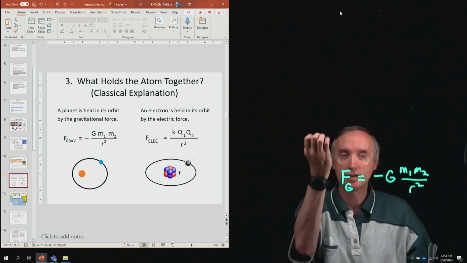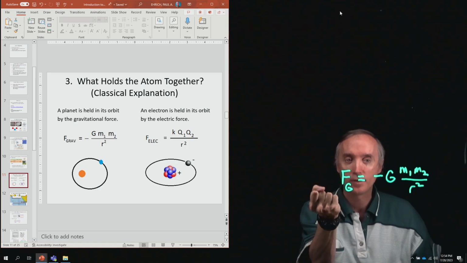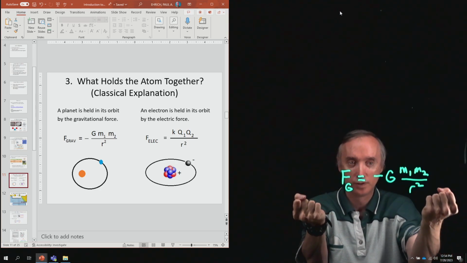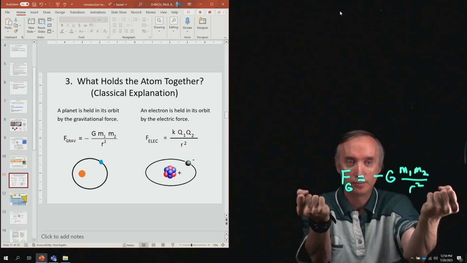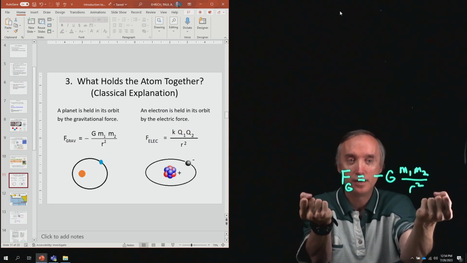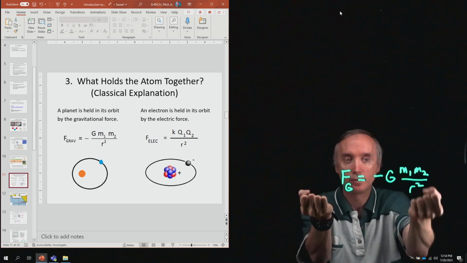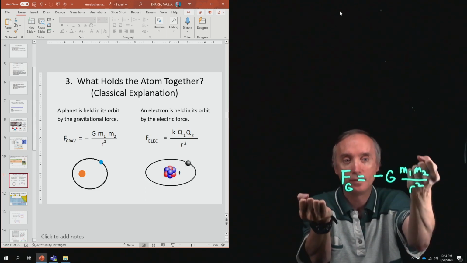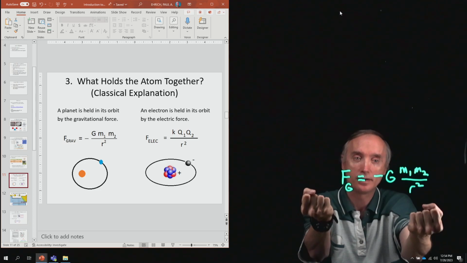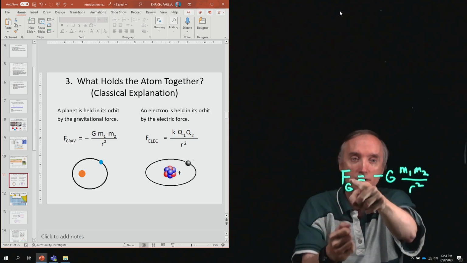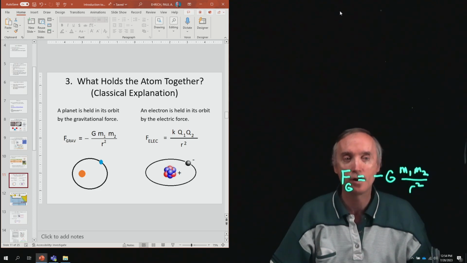So if this is mass number 1, and this is mass number 2, and they're separated by a distance r, then this mass is going to pull on this mass, and this mass is going to pull on this mass according to this formula, and that's the force of gravity.